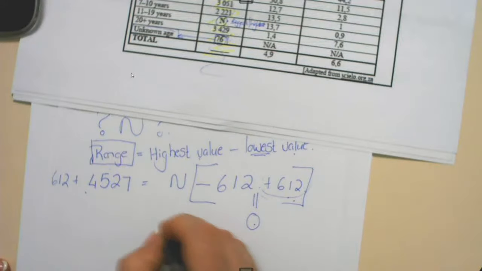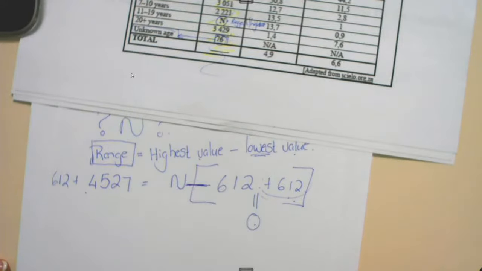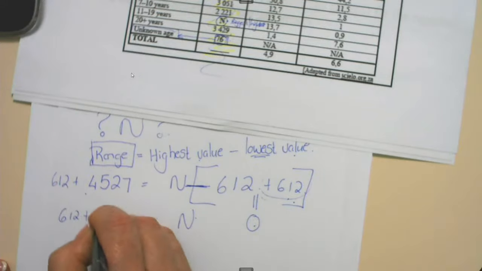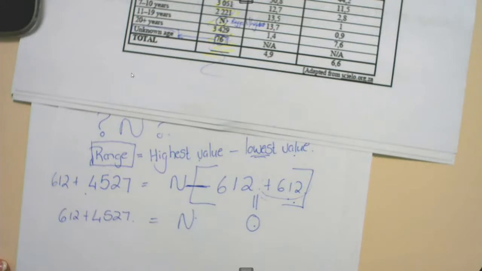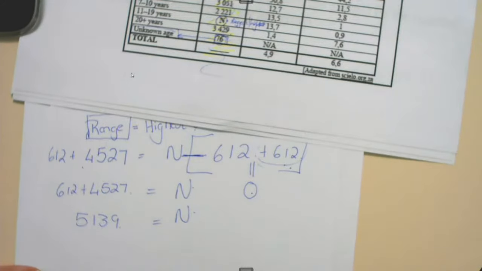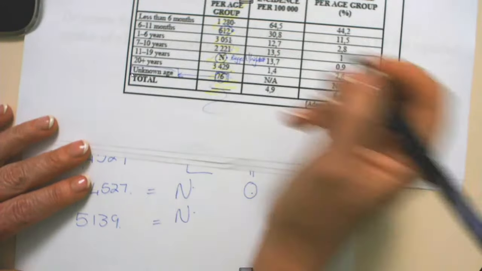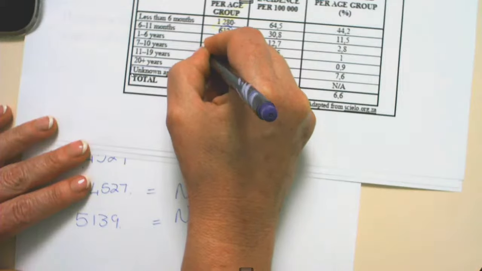So at the end of the day, remember this is a minus sign, it's not a multiplication sign. If I want N, I must add 612 and 4,527. And now you can say N is equal to, and if you add those two values, you get 5,139 is then the value of N. And what I like to know, it's the highest number of cases. I write it always in here, 5139.